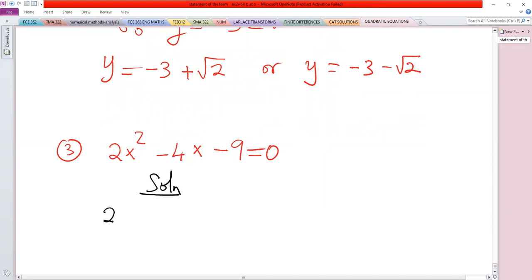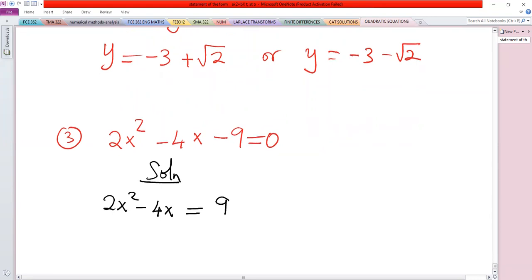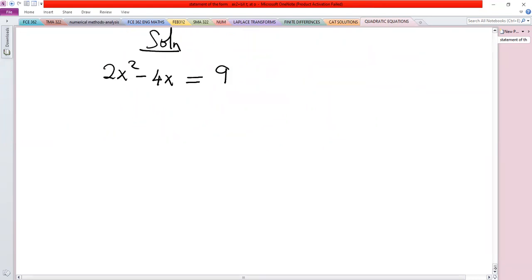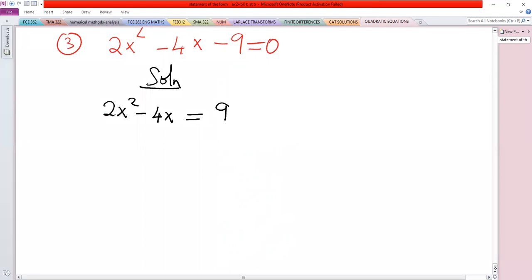So we'll have 2x squared minus 4x equals to positive 9. Next step, ensure that the coefficient of x squared is 1. So you divide through by 2. So which will be x squared minus 2x equals to 9 over 2.